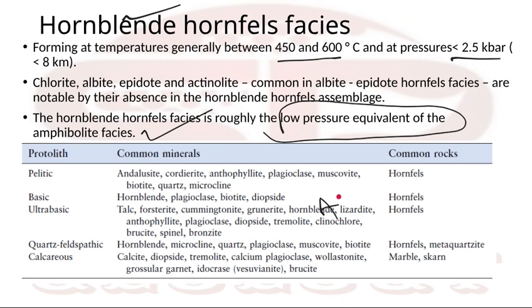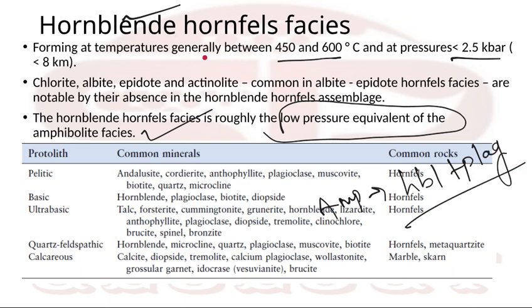In the amphibolite facies, you know the index minerals, that is hornblende and plagioclase. This hornblende hornfels facies also contains some albite and some chlorite.